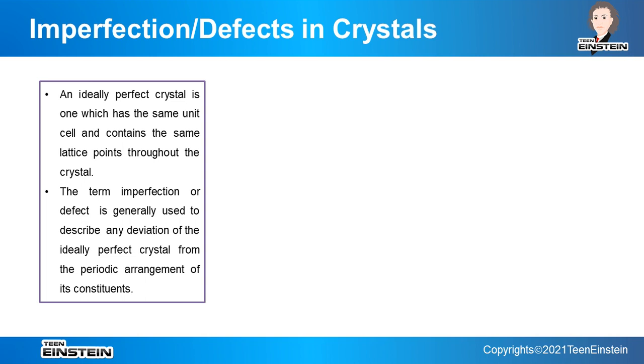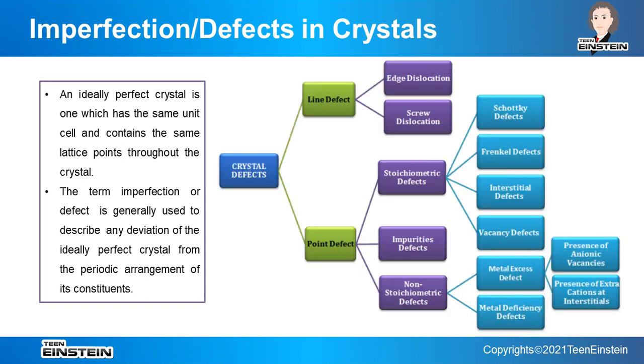Okay, so there are different types of defects. Here we have a flow chart. From this flow chart we can see that crystal defects can broadly be classified into line defect and point defect. We will not go into detail on line defect because that is not in the syllabus; we will focus mainly on point defect. Under point defect there are stoichiometric defect, impurity defect and non-stoichiometric defect.